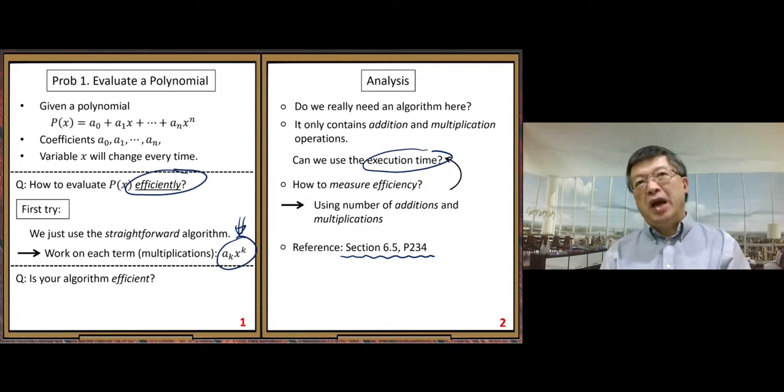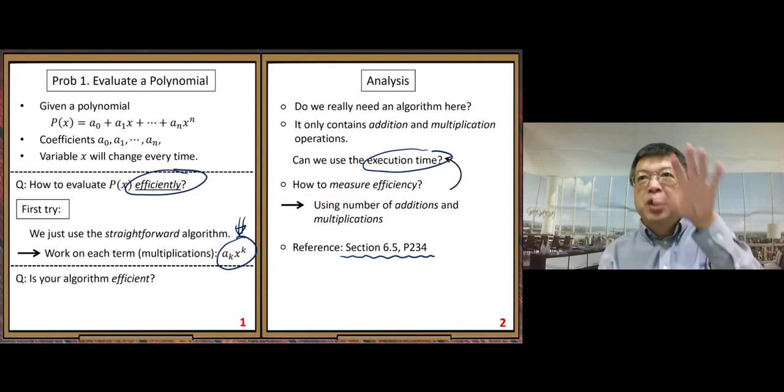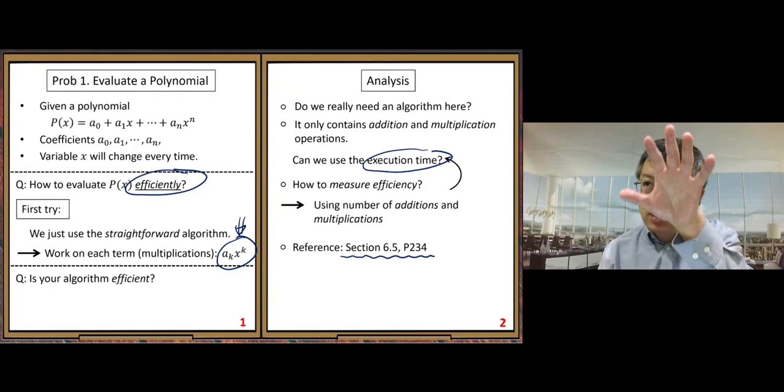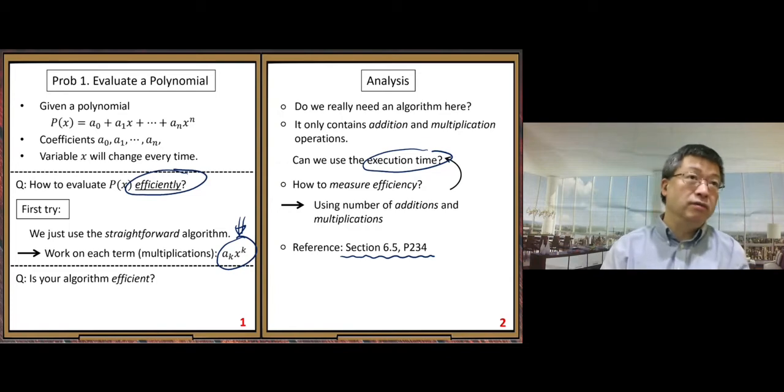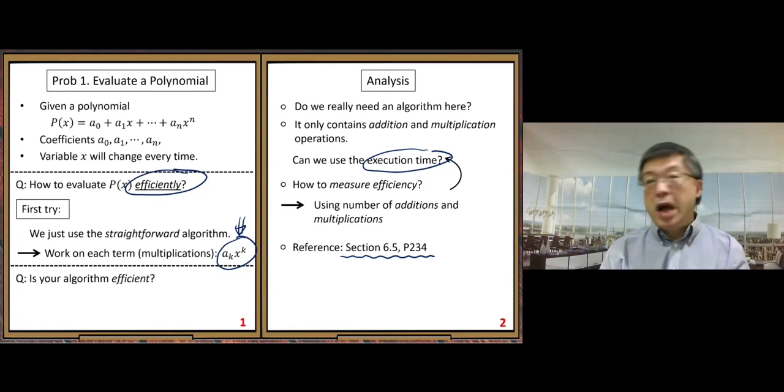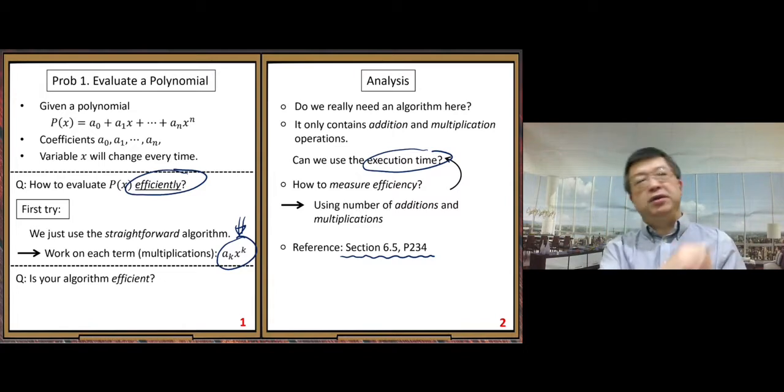Because we want to know if we still need to improve upon this current solution. If it is already the best solution, then we do not need to do anything, right? But if it's not a good solution, we need to find a better solution.